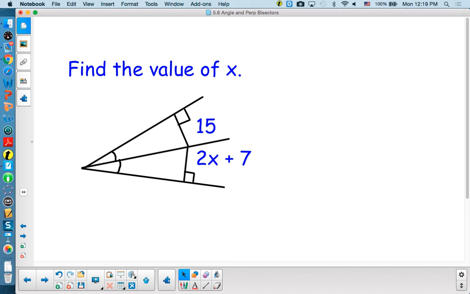Okay, so we have a couple problems. Find the value of x. Notice that on this diagram I do have the angles marked as equal or congruent, so this is an angle bisector. So the theorem says this point is going to be equidistant to each side, equal distances. So those two have to be the same.